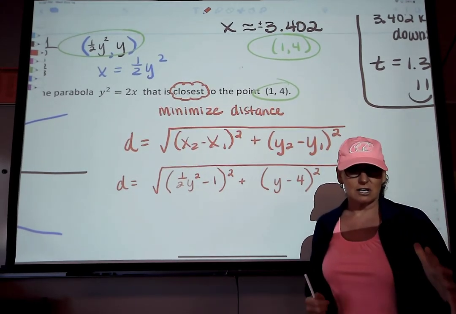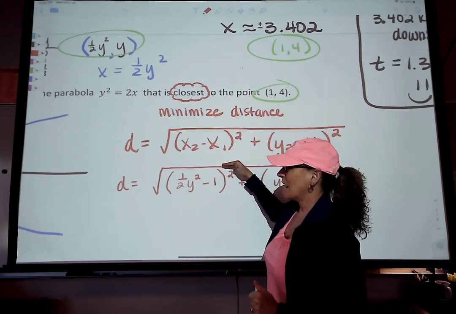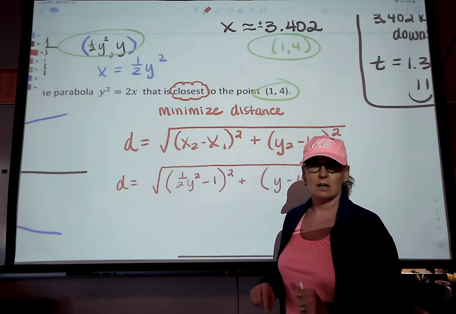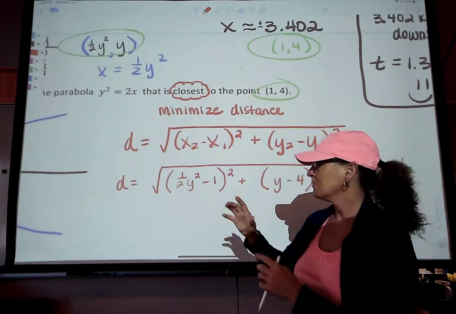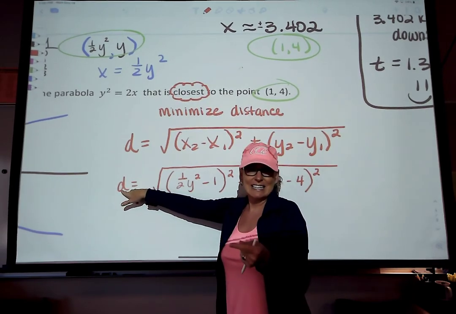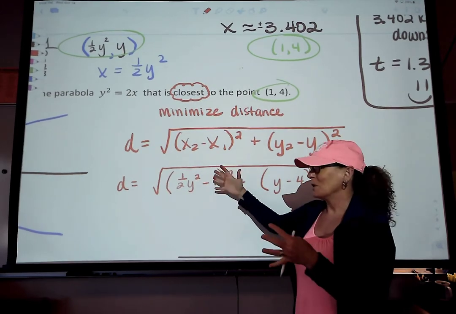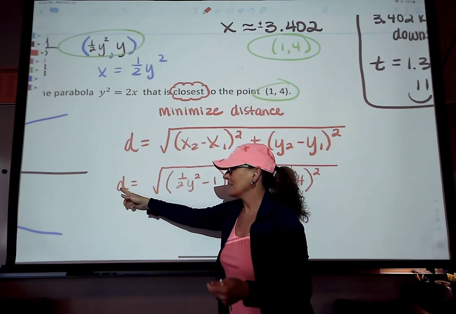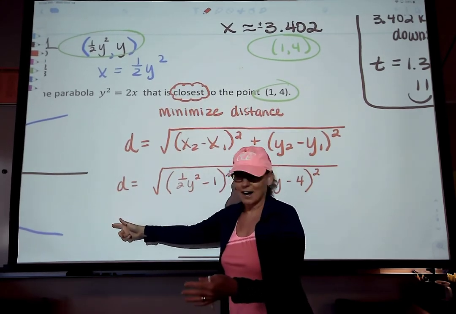So here's a couple of things you can do. You can get rid of this radical by squaring both sides. Slight problem in doing that, although it's not a big deal. This is the name of your function. D is a messy function. Doing it the way it's written, I could write d prime or d, y, whatever.